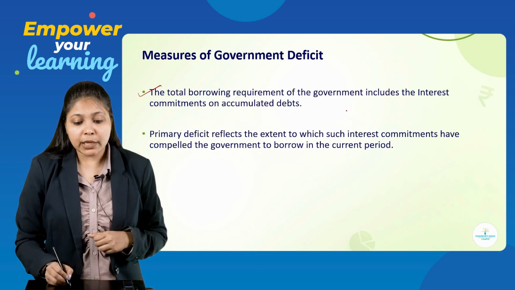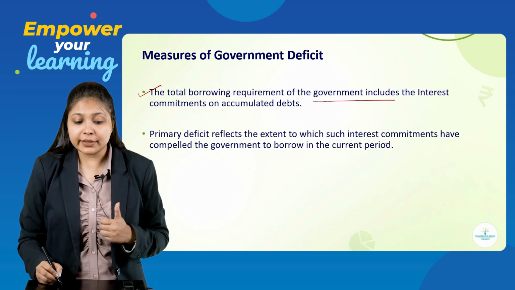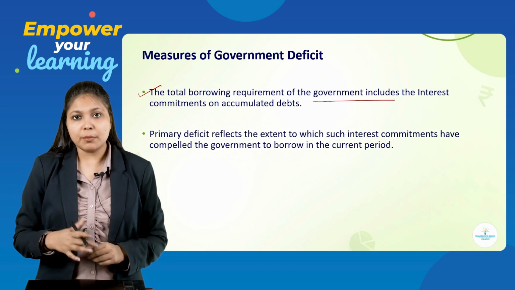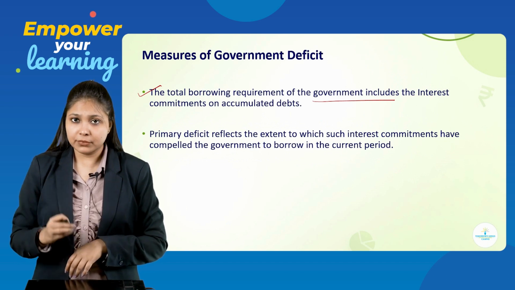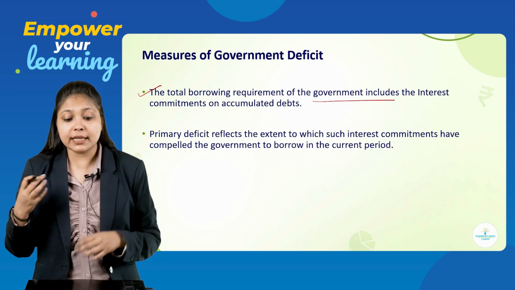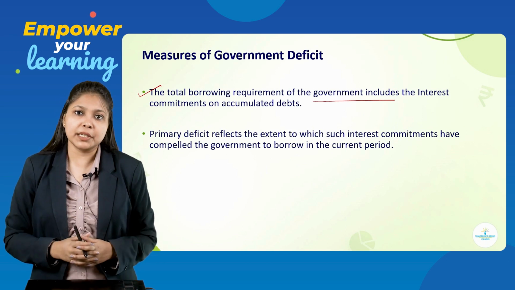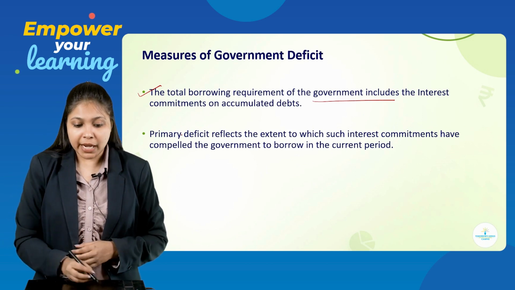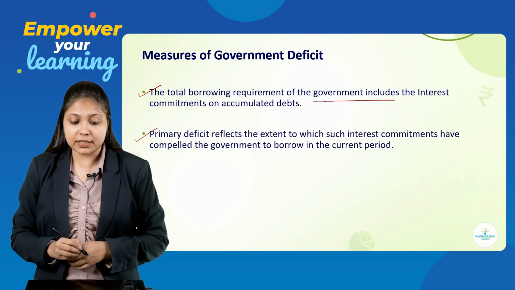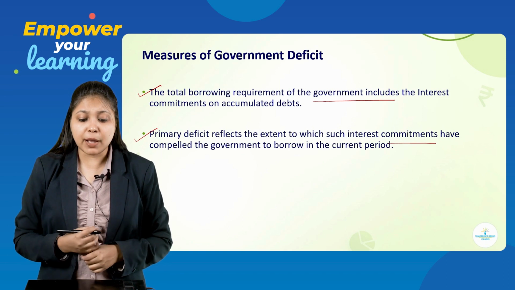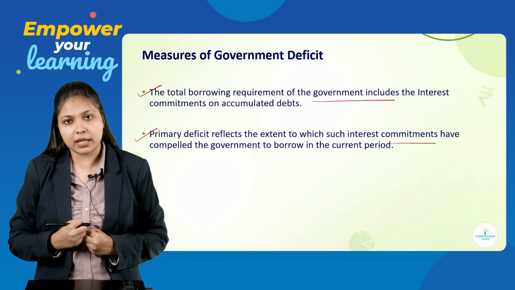The total borrowing requirement of government includes interest commitments on accumulated debts. So, when we talk about total borrowings, it will include the interest commitments which the government is paying on all the accumulated debts. Primary deficit reflects the extent to which such interest commitments have compelled the government to borrow in the current period.